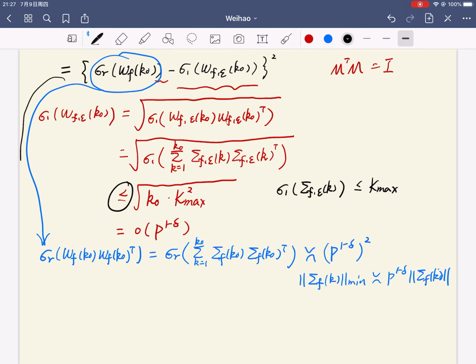So for this inequality, we basically have a term of order p power 1 minus delta minus the little o of p power 1 minus delta. So we have a larger or equal sign.